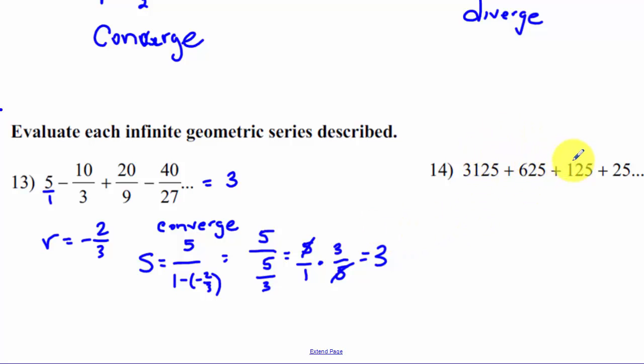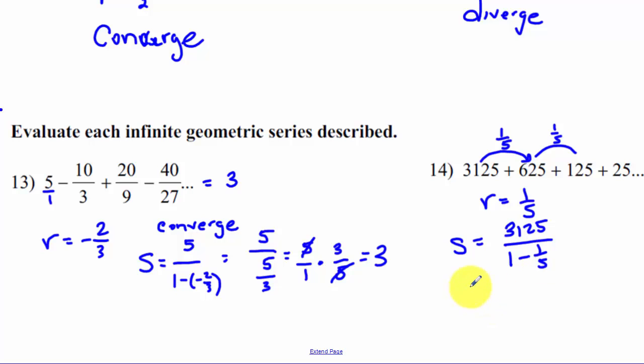And here, each of these terms is divided by 5, or multiplied by 1/5. So our common ratio is 1/5. Again, that is less than 1, so this does converge. So we're allowed to use our infinite sum formula: a sub 1, which is 31/25, over 1 minus 1/5, which is 4/5. If we simplify our complex fraction, we've got 31/25 times the reciprocal of the bottom, which would be 5/4.